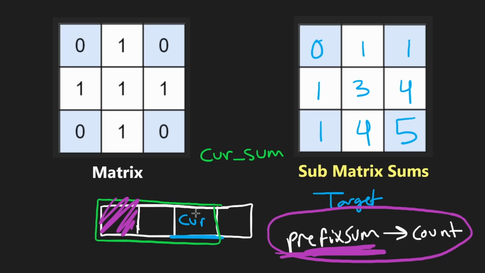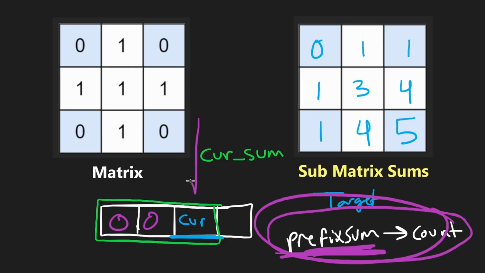Let's say it's somehow possible that removing that prefix sum makes this equal to the target. Let's say it's also possible that removing this prefix sum makes it equal to the target. And that would probably only be the case if both of these are 0. And maybe this value here is like 5 and the target is also 5. But that's the idea. We're doing this in one calculation. We are computing all of the subarrays ending at this position such that it's equal to the target.